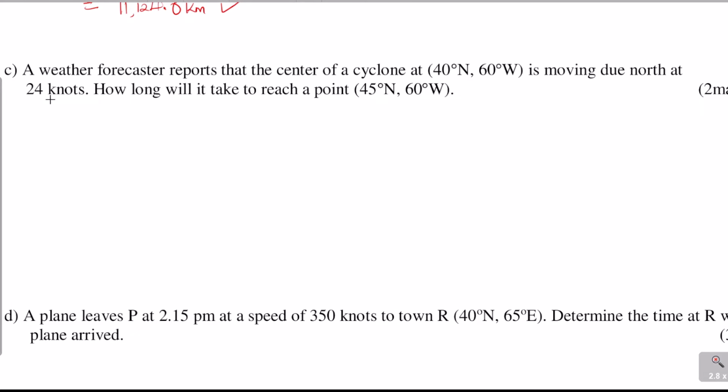So the first thing is to know which distance this is. It's moving from this point due north. So if I simply draw a rough sketch here, this is 40 degrees north, and this is 60 degrees west.